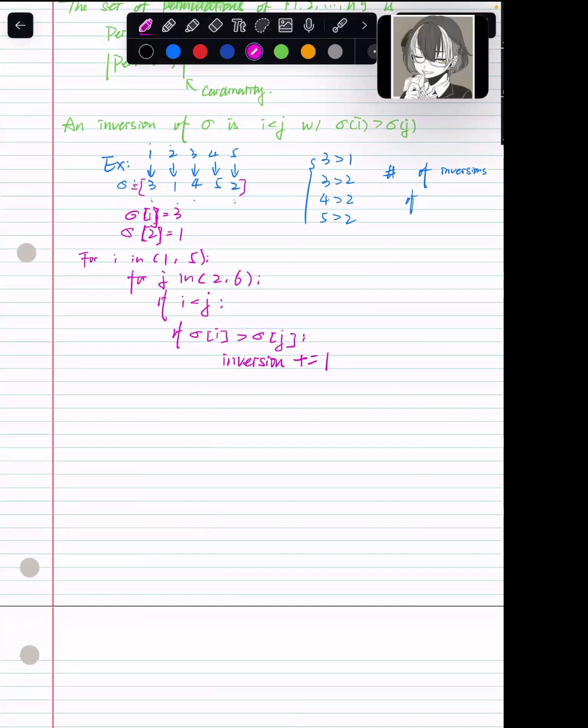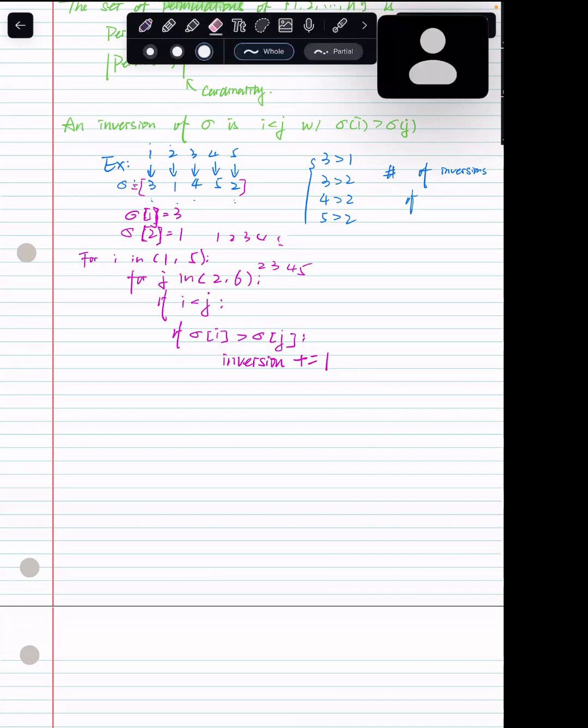Yeah, but in Python, 1 to 5 means 1 to 4. It will go through 1, 2, 3, 4. 2 to 6 means it will go through 2, 3, 4, 5. Oh, I don't know why I didn't think that. Because when i equals 5, I would never see a j that is greater. So I just ignored it. And same thing for this.